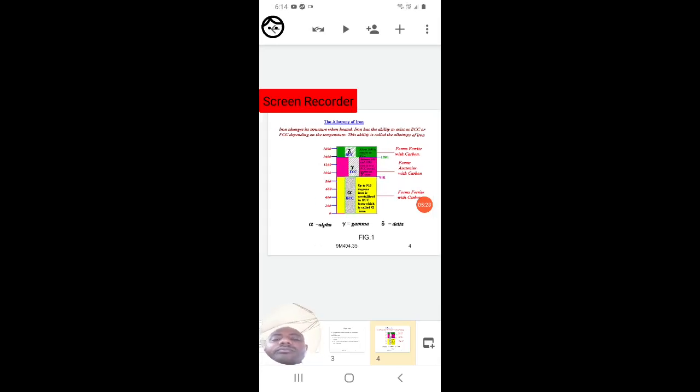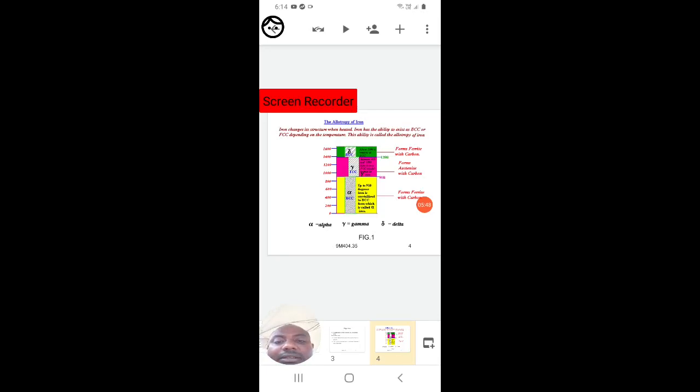Already in the last class we discussed temperature versus time and which type of transformation occurs. You will also see that graph. This very important property of iron is called allotropic form or polymorphism. 1538 degrees centigrade is the melting point of iron.